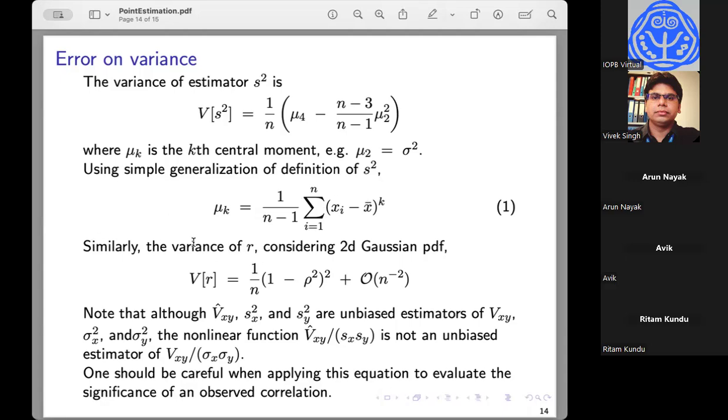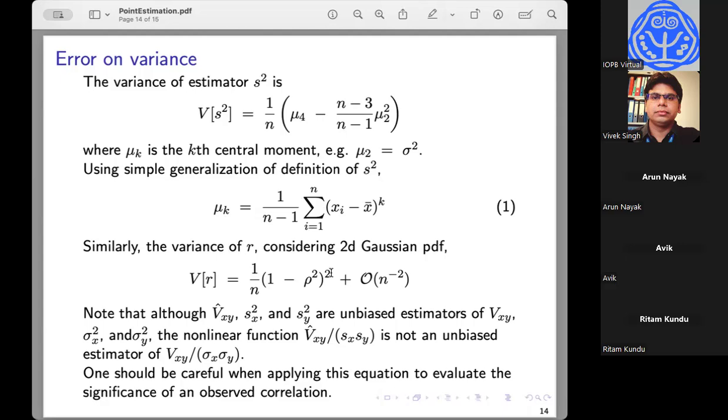And similarly for the variance of the estimator for the correlation coefficient R, considering that you have a 2D Gaussian PDF, V of R can be written as 1 over n times 1 minus rho square squared.